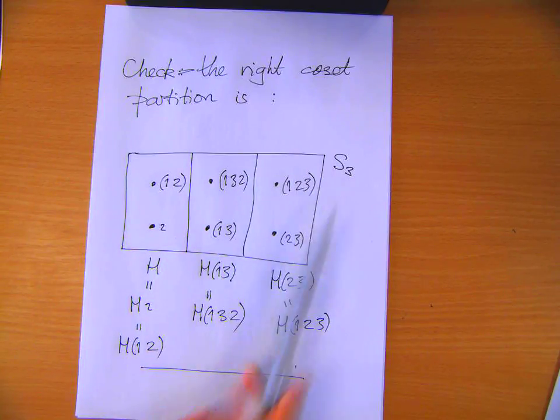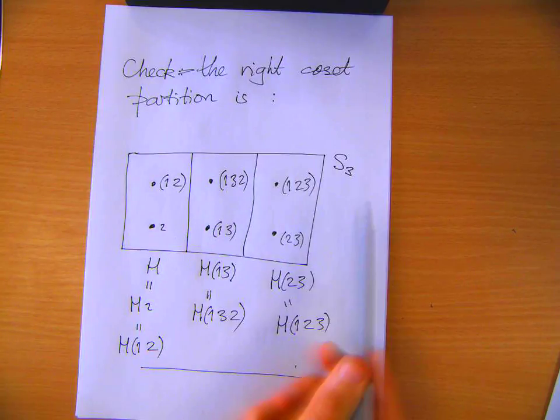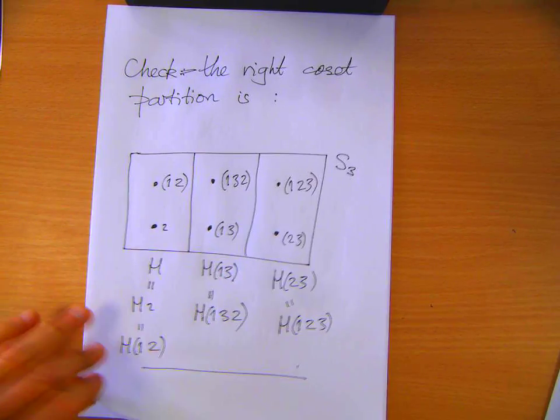If we do an abelian group, then the left and right partitions are going to be equal always, because it doesn't matter if we do the product on the left or on the right. So for abelian groups, the left and right partitions will be the same. But that was a non-abelian example.